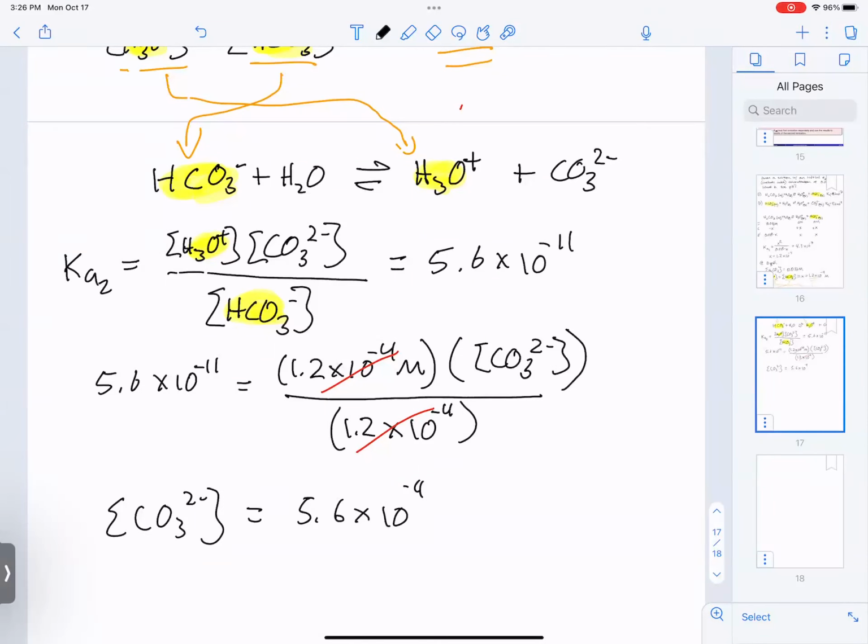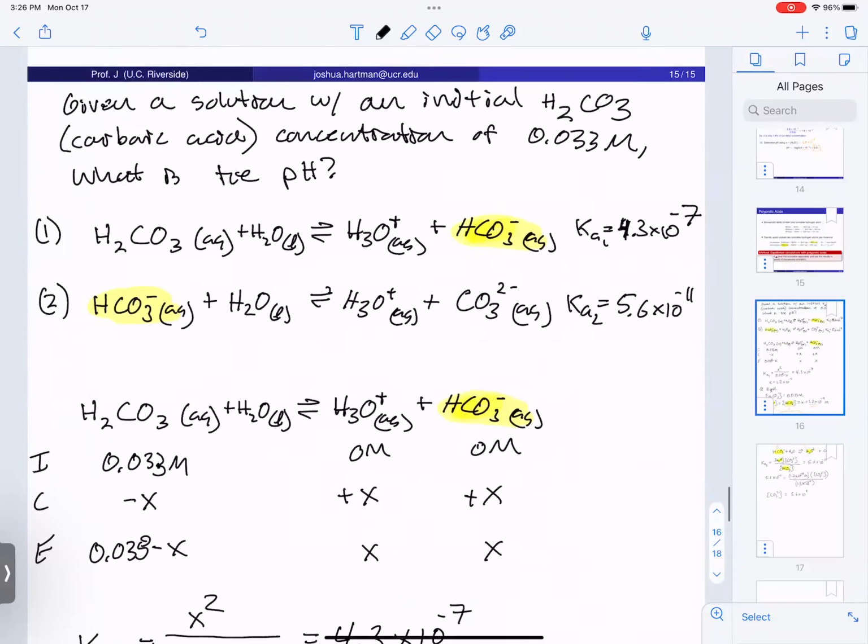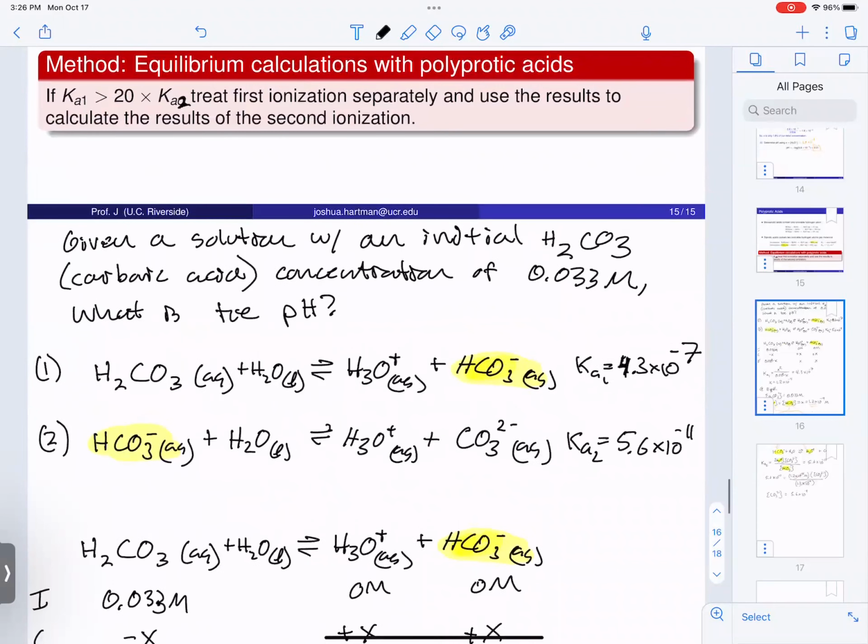Okay, so before wrapping up the video here, I just want to perhaps do so by summarizing what we did. When you're dealing with a polyprotic acid, we're looking at an example of a diprotic acid here where you have two ionization steps. Then what you're going to do is first look at the relative Ka values for the Ka1 and Ka2. If there's a 20-fold or greater difference between the two, then you're going to go ahead and proceed in two steps.